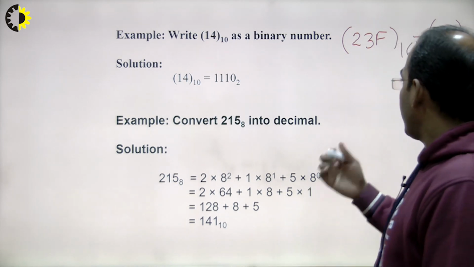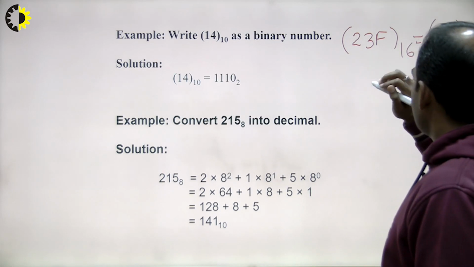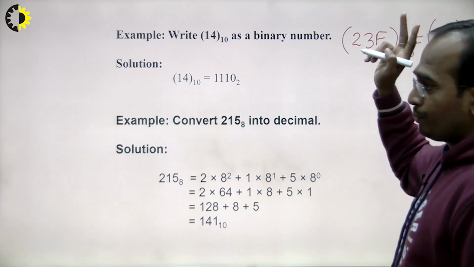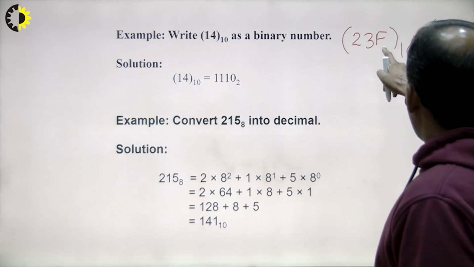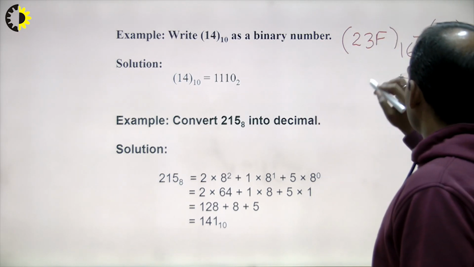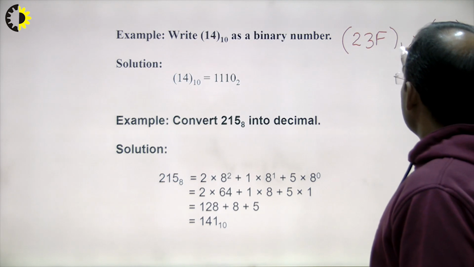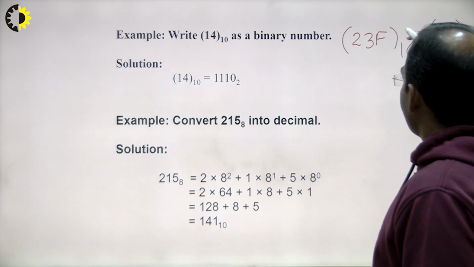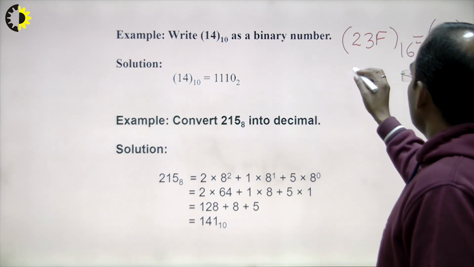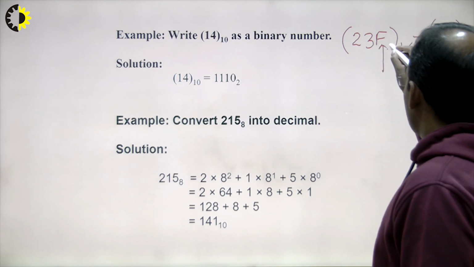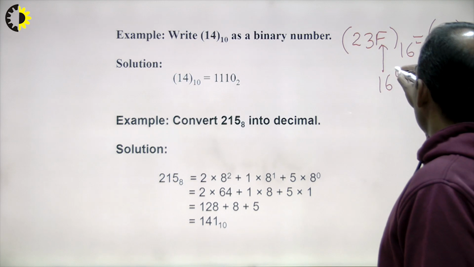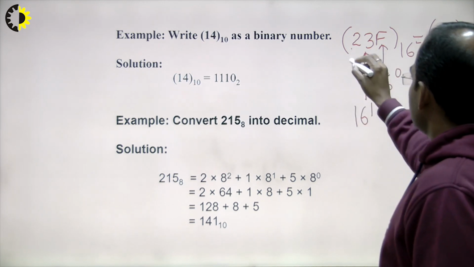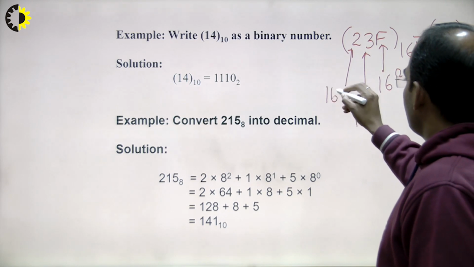So, how will I convert? For converting this, there are two processes. I will tell you both. Either I can convert directly by taking the weighted position. So, what is the value of F? F is 15. The weight of this number is 16 to the power 0, weight of this number is 16 to the power 1, weight of this number is 16 to the power 2.